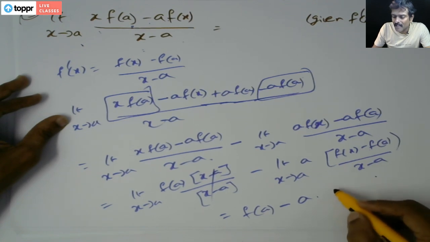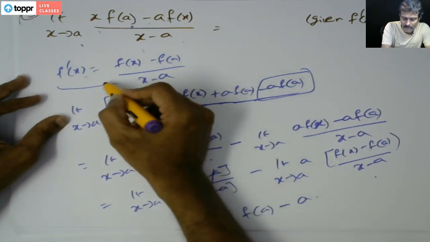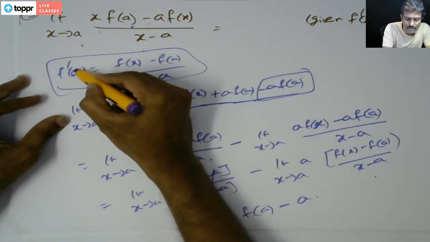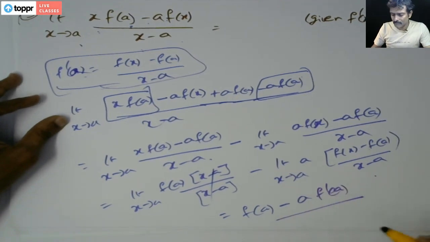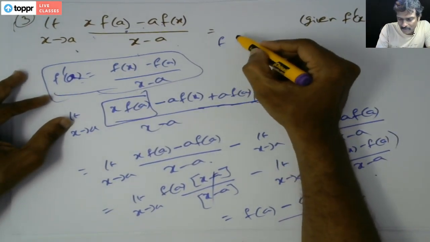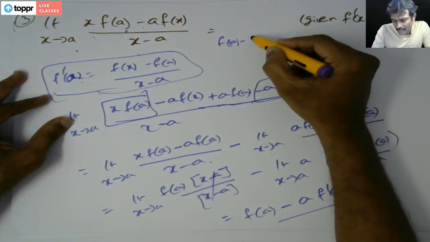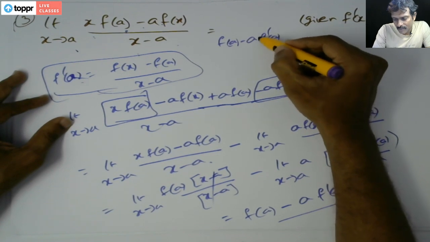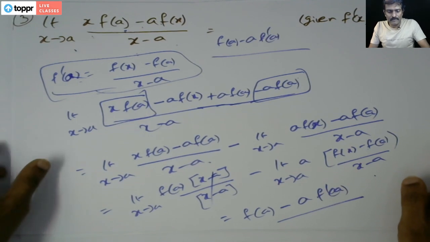This is nothing but f dash a, means the differentiation at a, so this should be f dash a. So the value of this at x tends to a is f of a minus a times f dash a. That is the limit of this function, right?